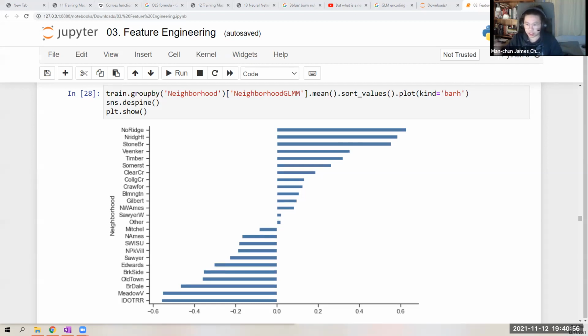For GLMM, it's just that NoRidge is most valuable, NridgHt is the second most valuable, and these others are very bad. So it's kind of like a scale. The negative side means they are lower than the average level, right? Yeah. Thank you, all good.